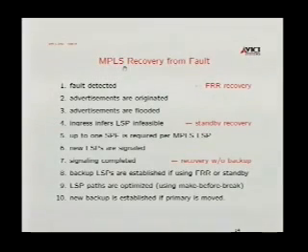Up to one SPF is required per MPLS LSP. However, there are ways of avoiding that, and that's going to be a little later on.